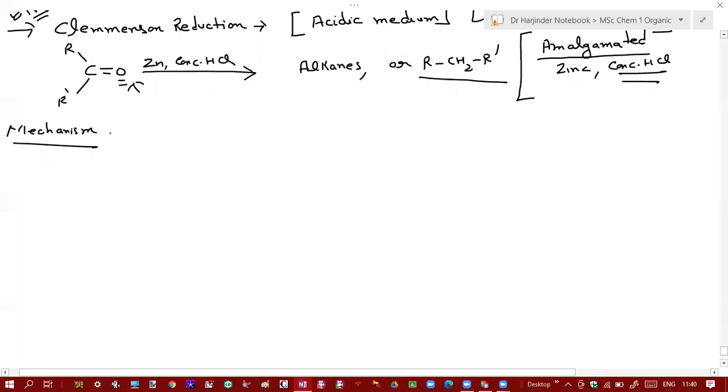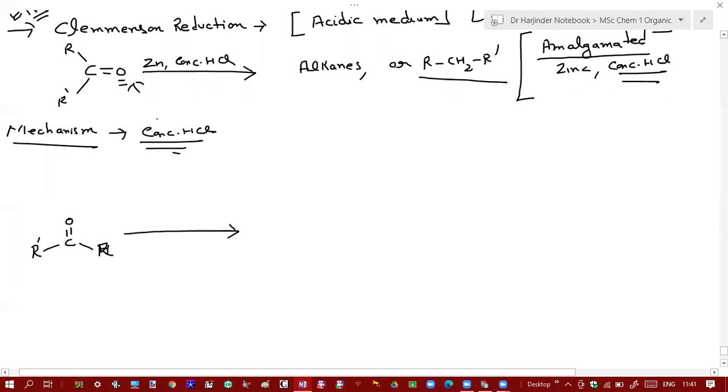Since this reaction is carried out in an acidic medium, that is concentrated hydrochloric acid, suppose you have a ketone or aldehyde, whatever. Now what will be the first step? This reaction is carried out in the presence of concentrated HCl.